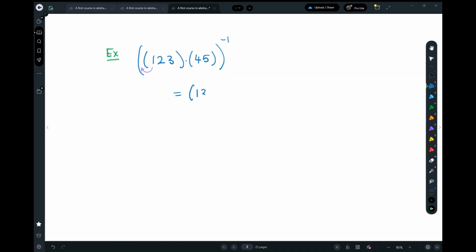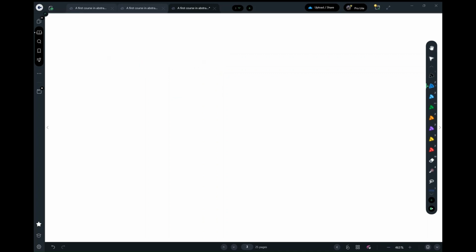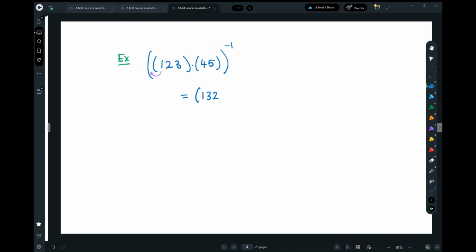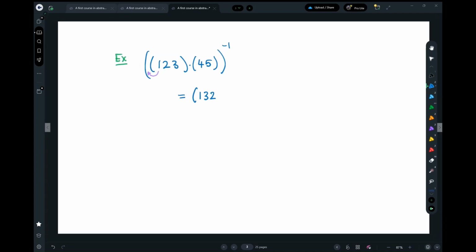So 1 came from 3, 3 came from 2, 2 came from 1, so that closes that cycle. And then let's see where 4 came from. 4 came from 5, so 4 goes to 5, and 5 came from 4, so the inverse of (4 5) is (4 5). So this will be the inverse.